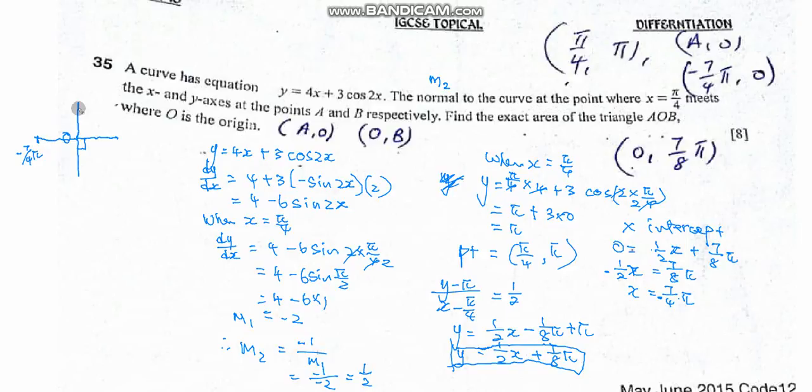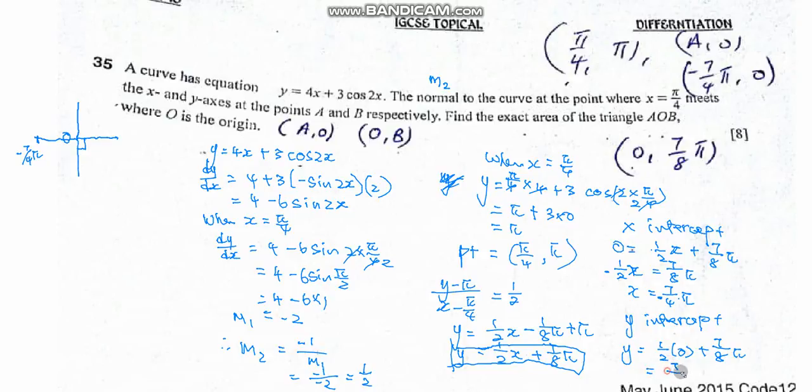Now let's find the y-intercept. The y-intercept is when x equals 0, so half x is 0, plus 7 over 8 pi.